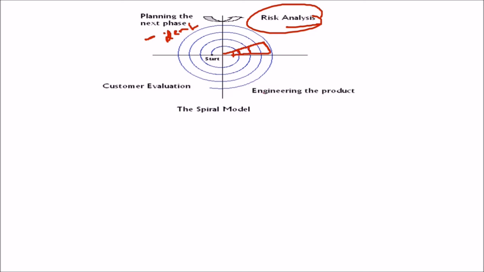The third quadrant is for engineering the product. That means the waterfall model is adopted here, and the prototype is created in the way of the waterfall model. Once it is prepared, the prototype is presented to the customer for evaluation, and the customer's ideas and inputs are incorporated, and then the planning for the next phase is done. So this is the spiral model.